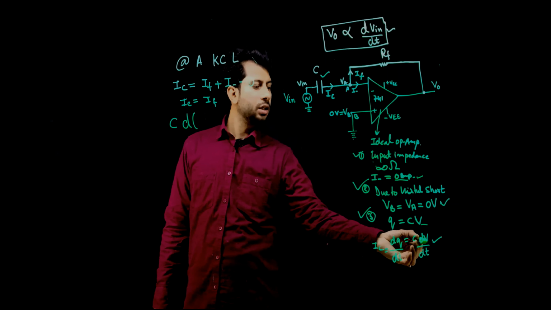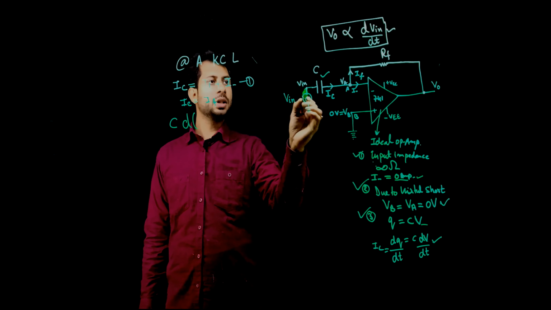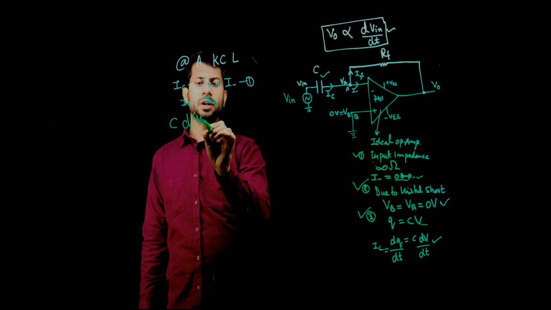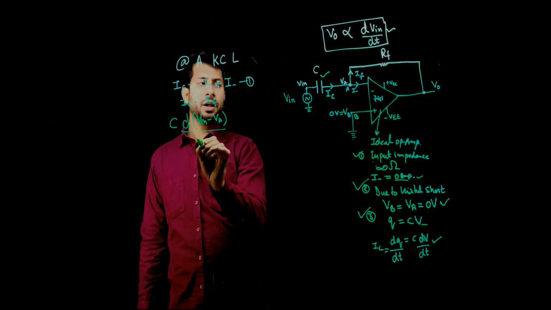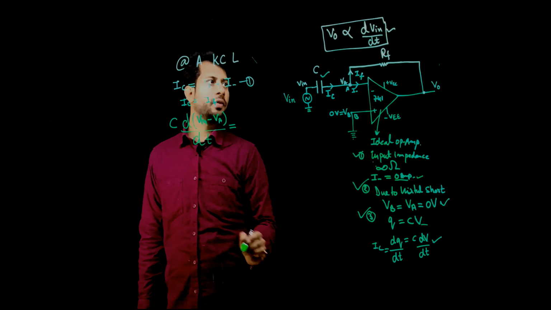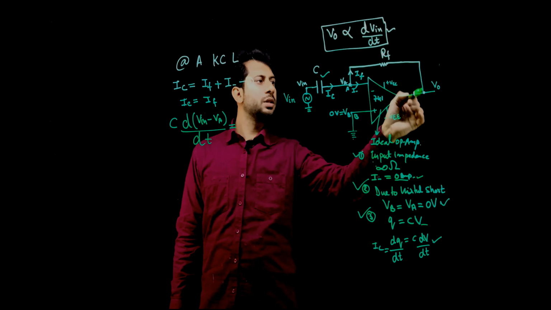This V is the net voltage across the capacitor. For this we can apply nodal analysis for finding out this net voltage: C d(Vin minus Va)/dt equal to IF. For finding this IF we again apply nodal analysis.